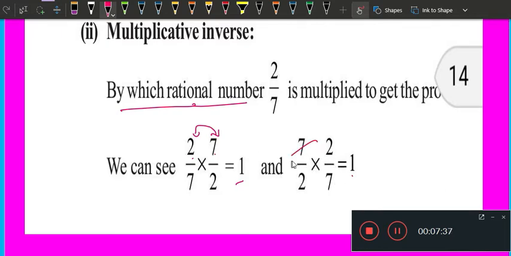Because 7 7 cancel, 2 2 cancel. Here also 2 ones are 2, 7 ones are 7. So we get 1.